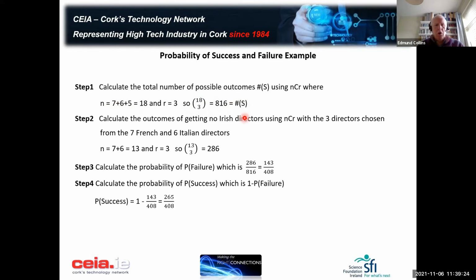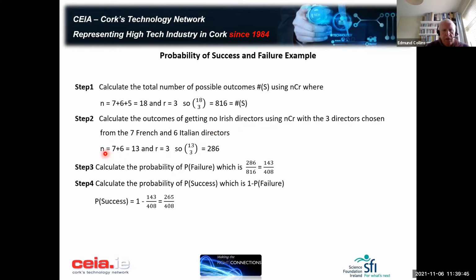So this is where we're going to go for the event not happening, or for failure, if you like. So calculate the outcomes of getting no Irish directors using NCR, with the 3 directors chosen from the 7 French and 6 Italian directors.